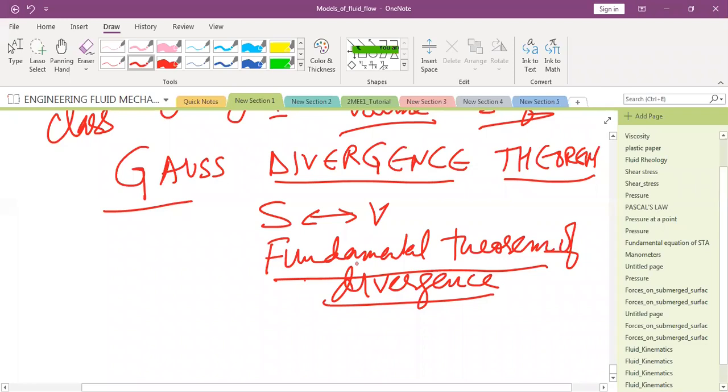Now, honestly, please frankly tell me how many of you are comfortable with divergence, curl and gradient, because I touched this in the third, fourth lecture also, but now it is a necessity. You will have to go through it, otherwise you will not understand the next part. How many of you are clear with the concepts of curl, divergence, gradient and these fundamental theorems?